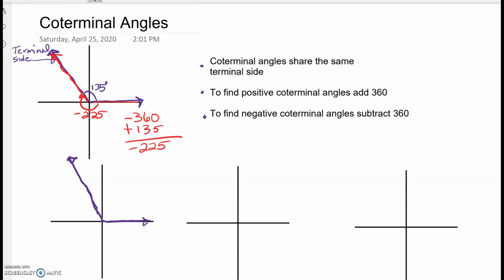So if I start here and I go to 135 and I pass it and go all the way around, that's 360, and then I stop at 135. So that is taking 135 degrees and adding 360 degrees, which gives me a total of 495 degrees.